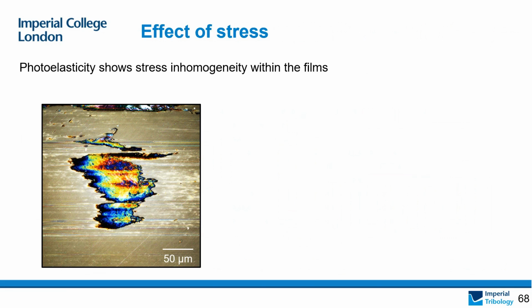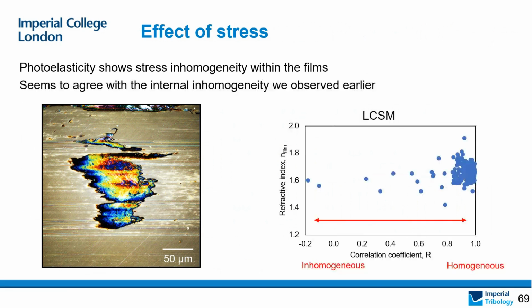We see this color variation because there's a change in refractive index due to the change in stress. In other words, the stress inhomogeneity also implies inhomogeneity in the refractive index. This seems to agree with the internal inhomogeneity we observed just now.